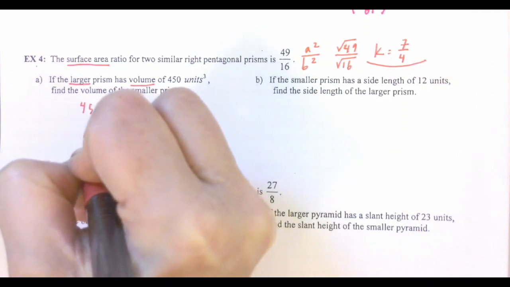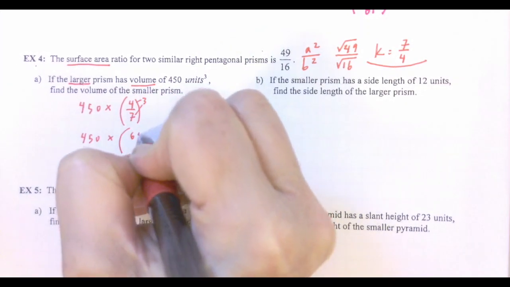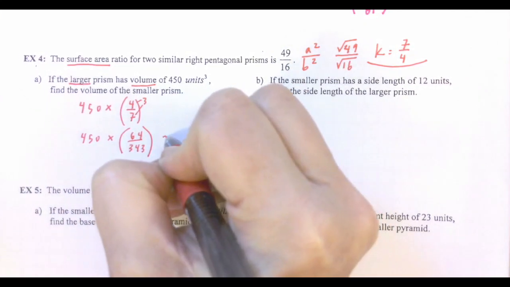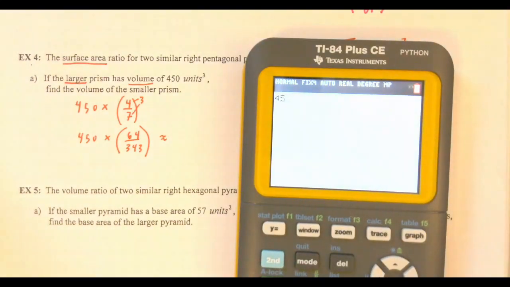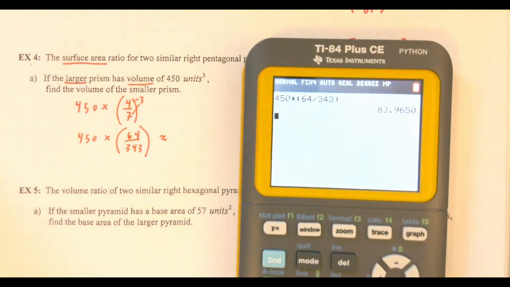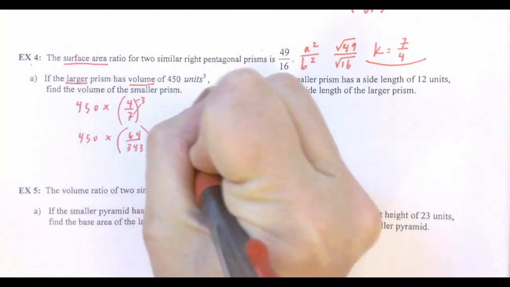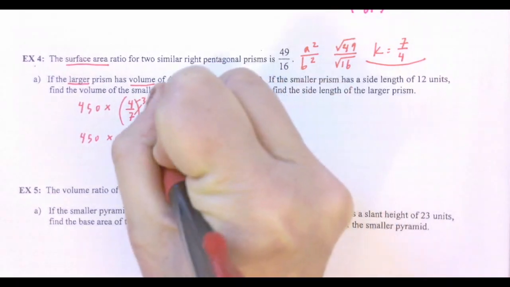So I need 450 times 64/343. All right, and that's going to get me, let's type it in together, 450 times 64/343. So I get 83.965. And units are cubed.